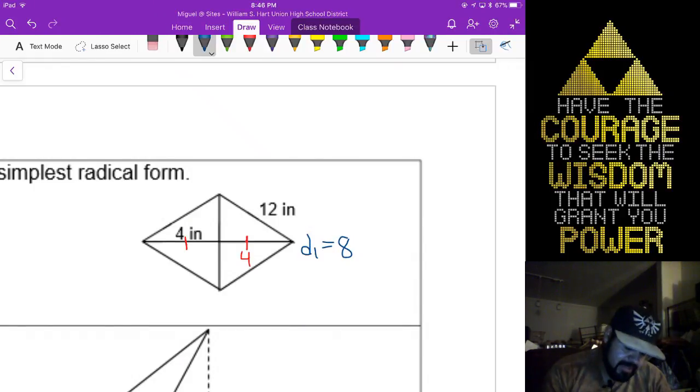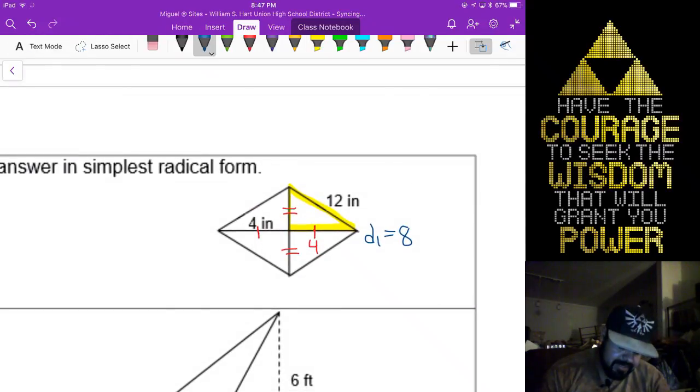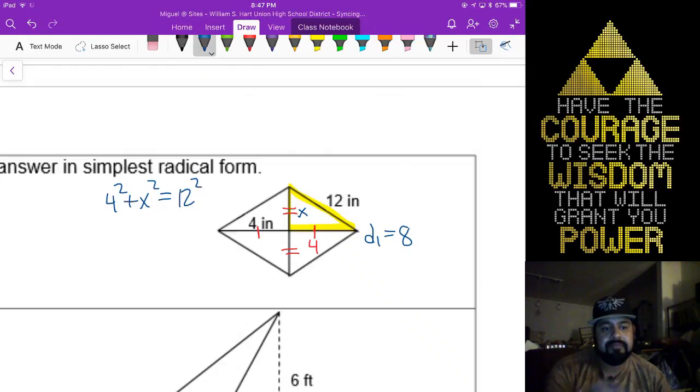Now, to find these parts here, you have to set up your Pythagorean theorem. Let's just call that x. So we can say 4 squared plus x squared equals 12 squared. So 16 plus x squared equals 144.